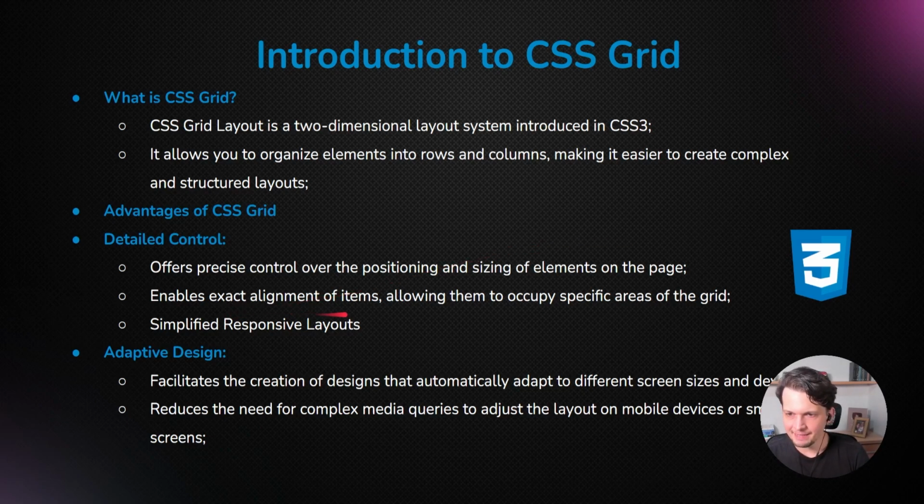It enables exact alignment of items, allowing them to occupy specific areas of the grid. So we can name some areas to elements. So we can bind some areas with elements of our HTML. And it enables exact alignment of items, allowing them to occupy specific areas of the grid.